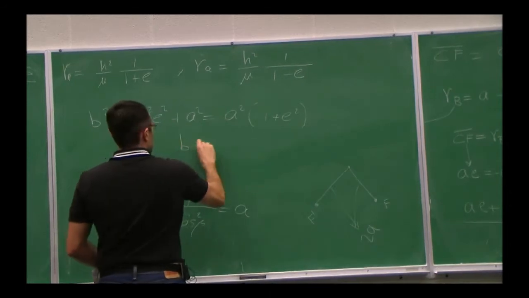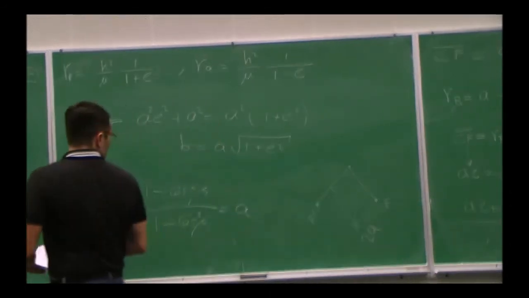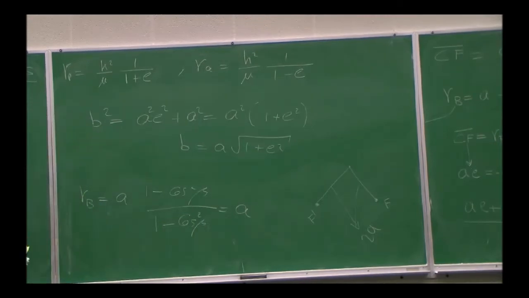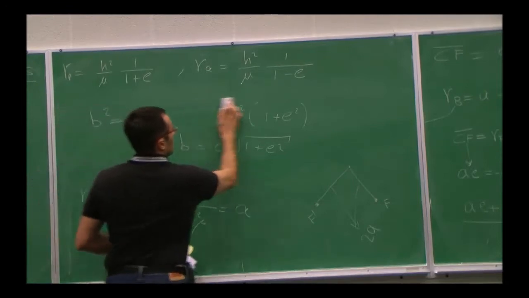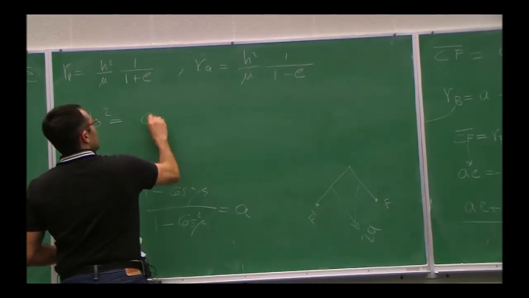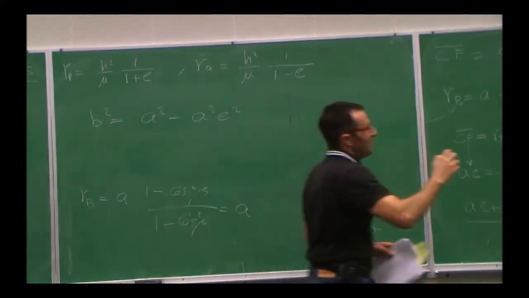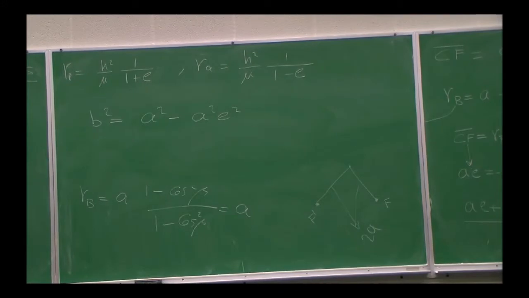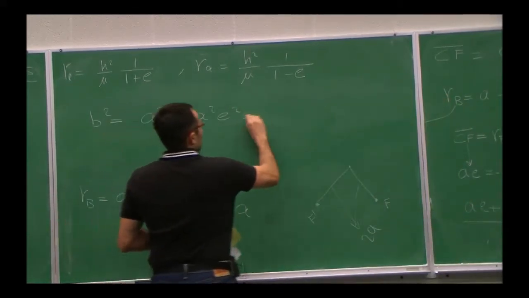So in other words, B is A square root of 1 plus E squared. Correct? Something is wrong here. Do you agree with this? It's completely wrong, right? It's A squared minus A squared E squared, okay? Sorry. It's the square of this side minus the square of this side.